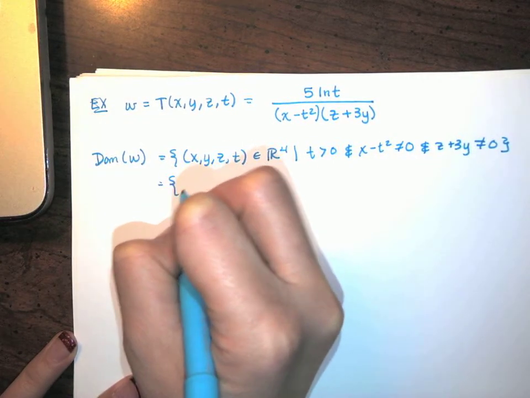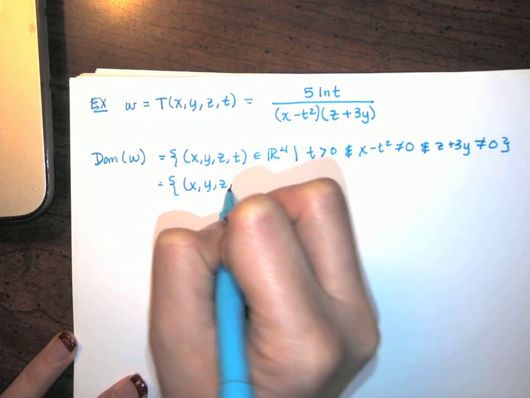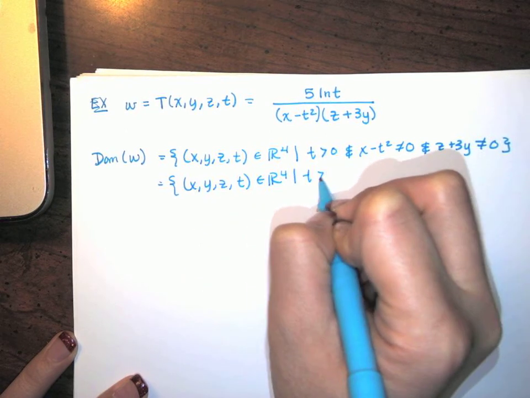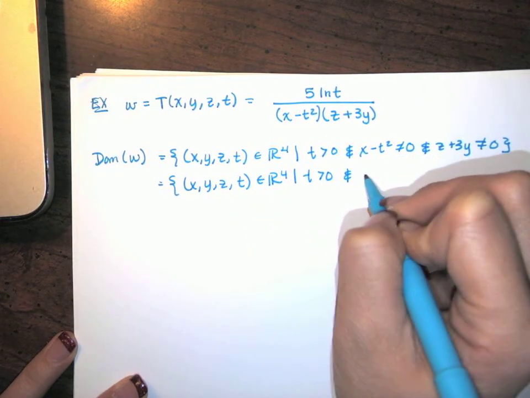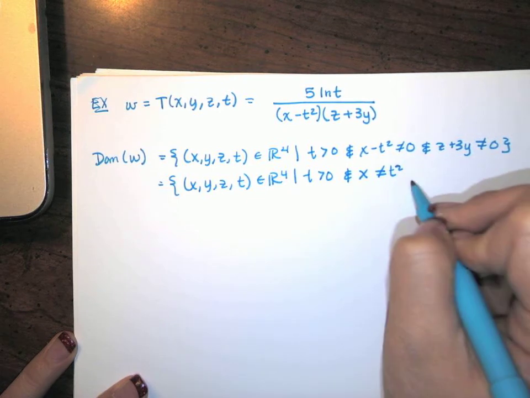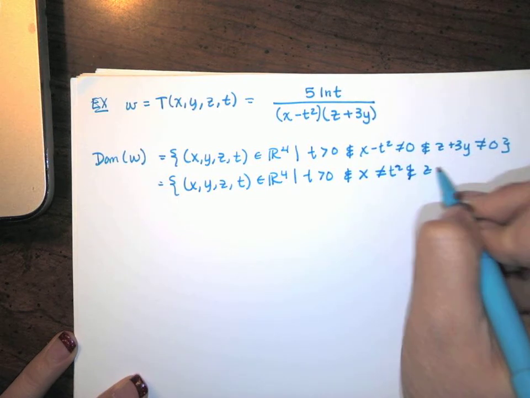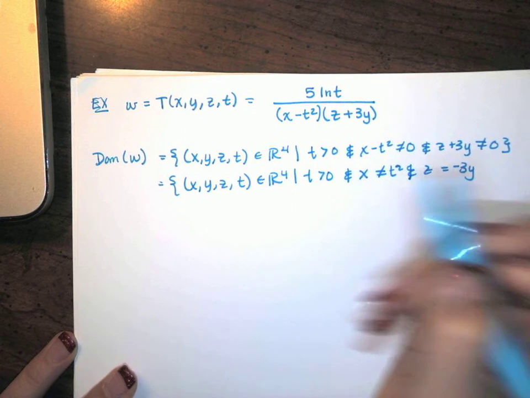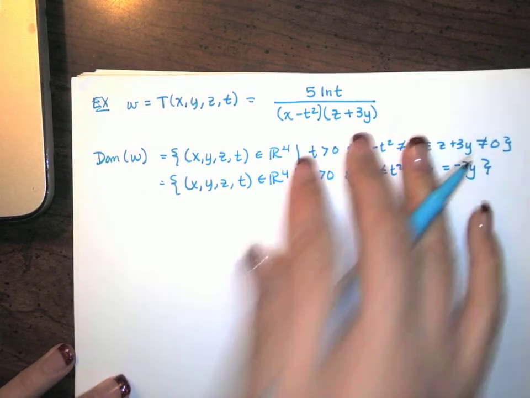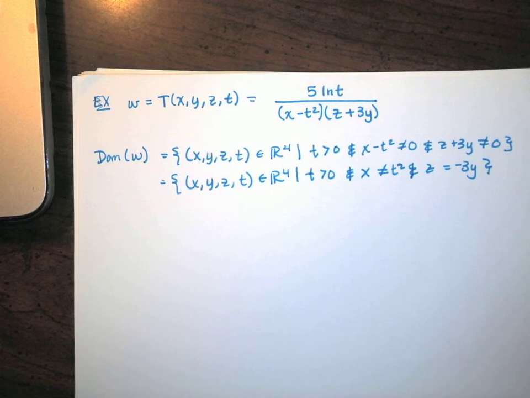So I can't sketch this one, because I can't sketch a subset of 4-dimensional space. But I can still think about it. As long as x isn't t squared and z isn't equal to negative 3y and t is always positive, we're good to go. This function is going to be well defined, even though I can't graph it.